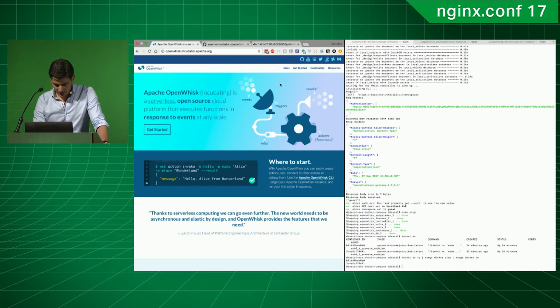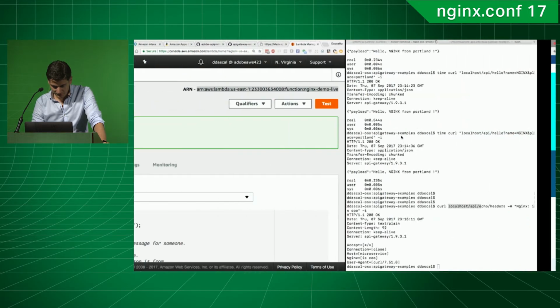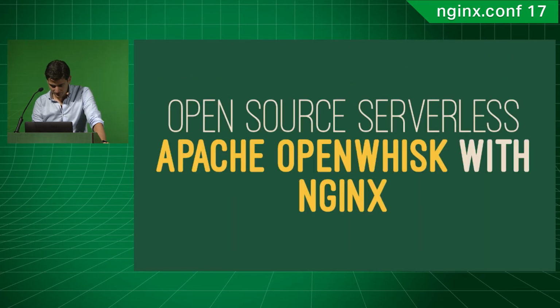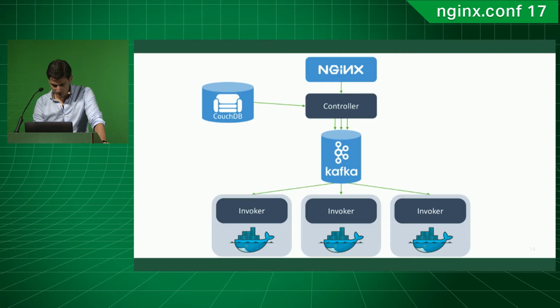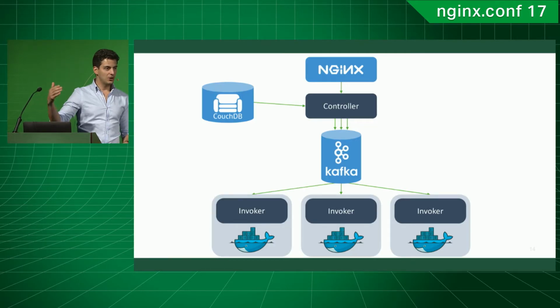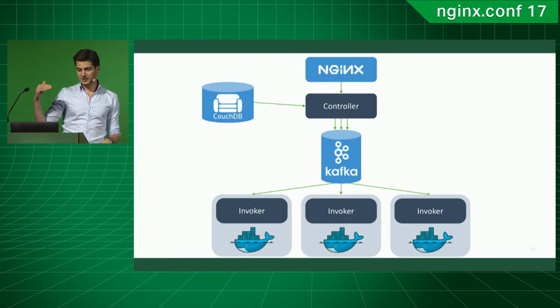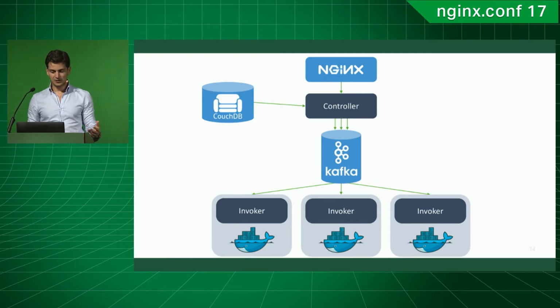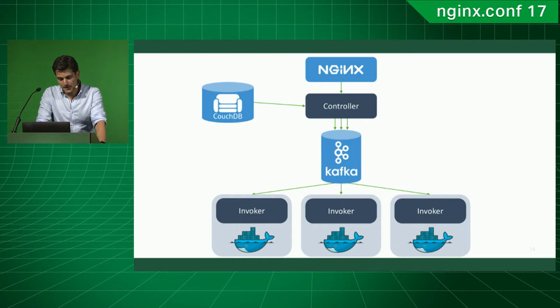So how does OpenWhisk work? Let me just give you a simple slide, which is like a 101. This is how the traffic goes in OpenWhisk. It starts with NGINX that gets the request. The request is then sent to an OpenWhisk controller that places the message into a Kafka queue.